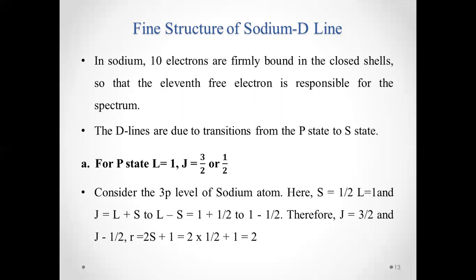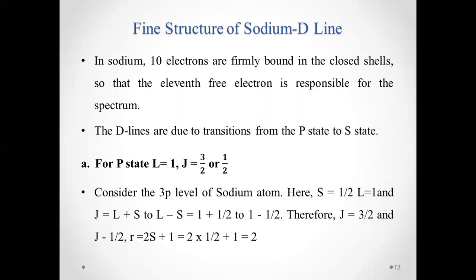The D lines, which are referred to as D1 and D2 lines, are due to transitions from the P state to the S state. The transitions can be followed as follows. For the P state, L is equal to 1, J is equal to 3/2 or 1/2.